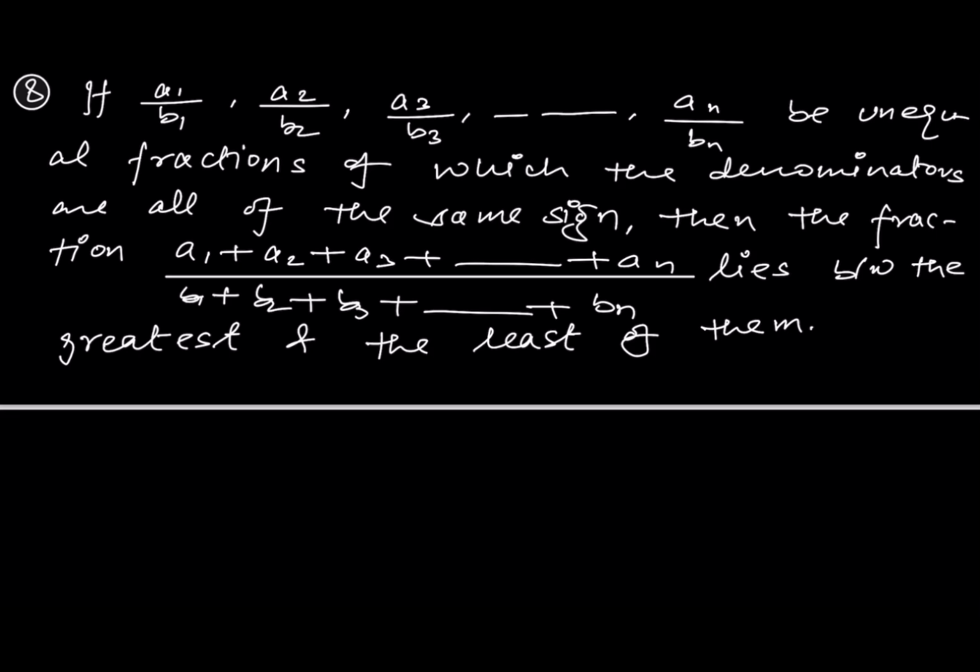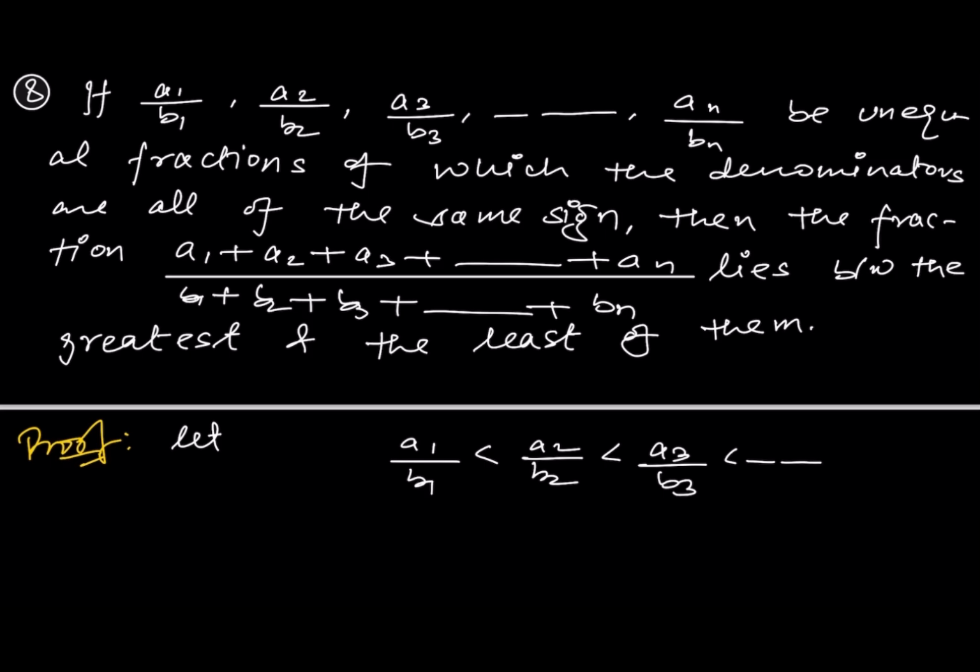What I'm saying, let us see by its proof. Let the fractions lie in the inequality a1/b1 < a2/b2 < a3/b3 < and so on < ag/bg, and also a1/b1 is greater than al/bl.